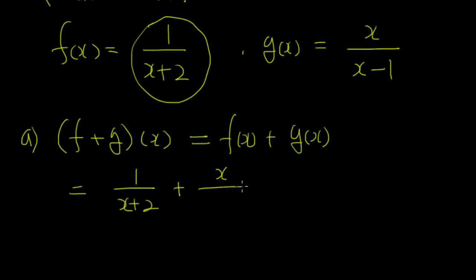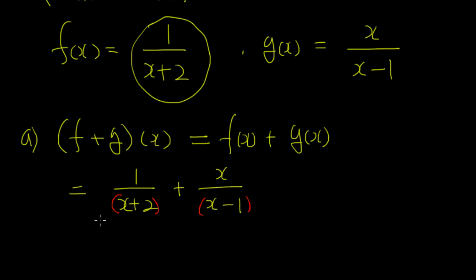Well, x over x minus 1, just like that. Now all we need to do is add these two together. And as you can see, these two have different denominators. So how do we deal with something like this? Well, you have to make a common denominator.